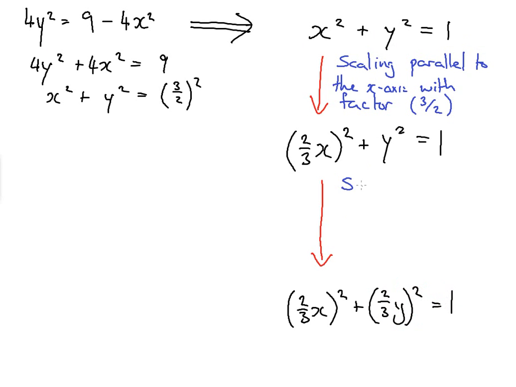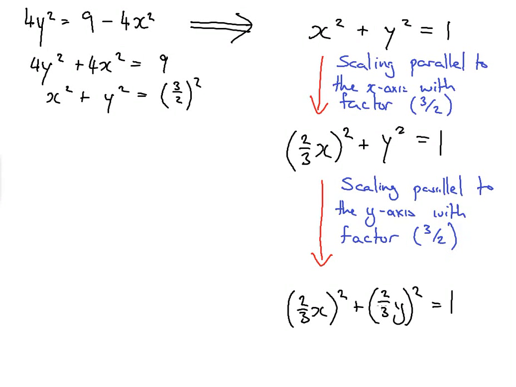This time this is a scaling parallel to the y-axis with factor 3 over 2. Now, why is it 3 over 2 this time instead of what it was last time, 2 over 3? It's because now we're actually performing further operations on the y value.